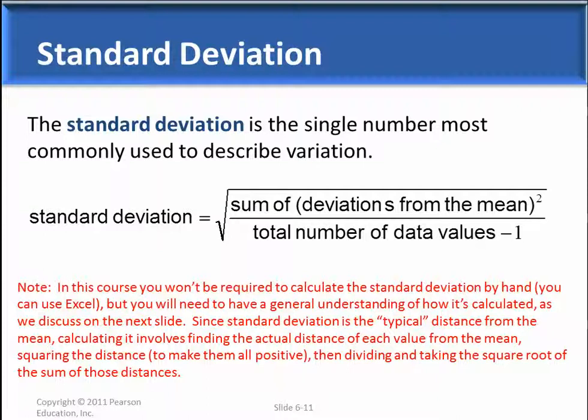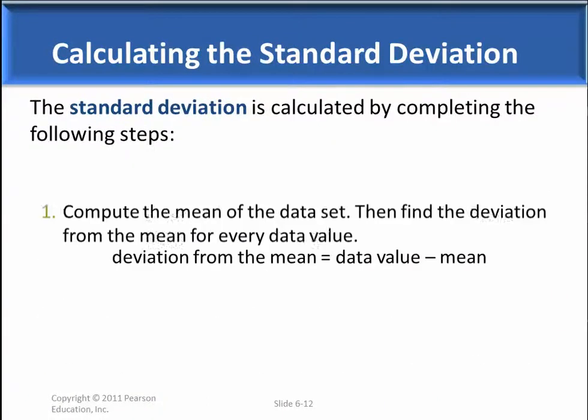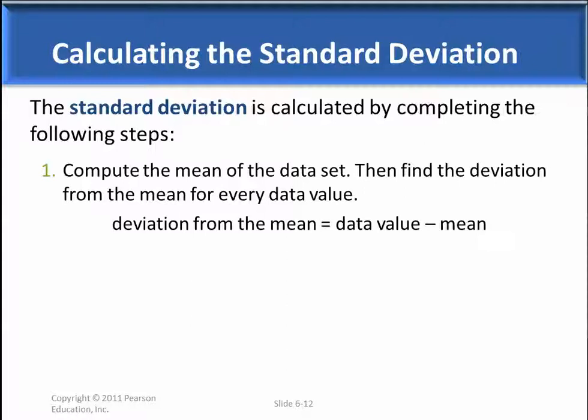Since standard deviation is the typical distance from the mean, calculating it involves basically doing what we just talked about. Finding the actual distance of each value from the mean, squaring that, adding them all up, and then dividing and taking the square root. So let's walk through an example of that. To calculate the standard deviation of a set of numbers, the first thing we're going to do is compute the mean for the whole data set and subtract the mean from every value in the data set.